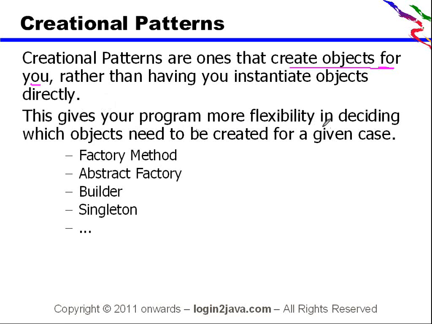This gives your program more flexibility in deciding which objects need to be created for a given case. These are a few names of the creational patterns: factory method, abstract factory, builder, singleton, and a few more. We'll look into singleton in detail after this introductory session of design patterns.